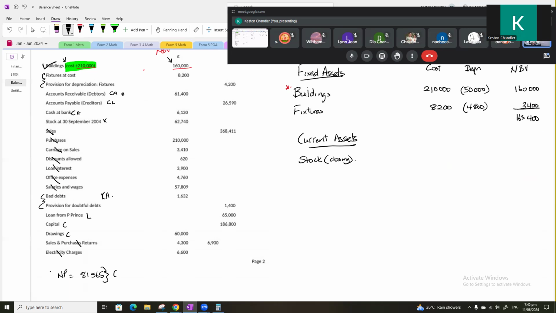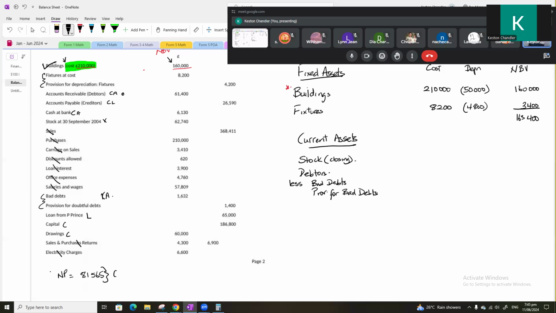After stock, we have debtors. And from our debtors, you will subtract any bad debts that were written off, as well as our provisions for bad debts.